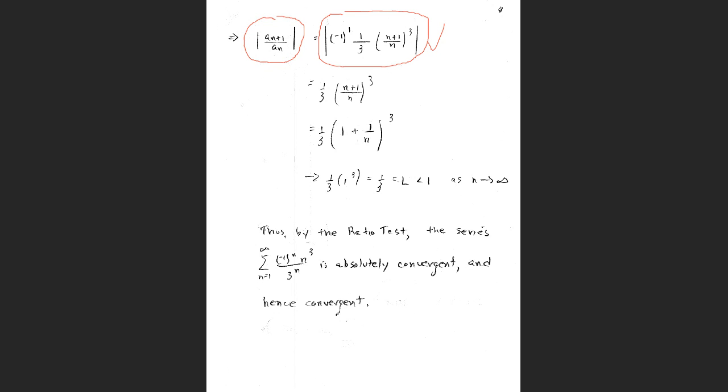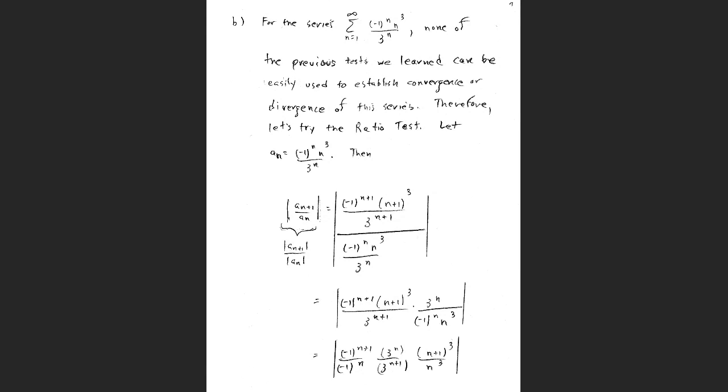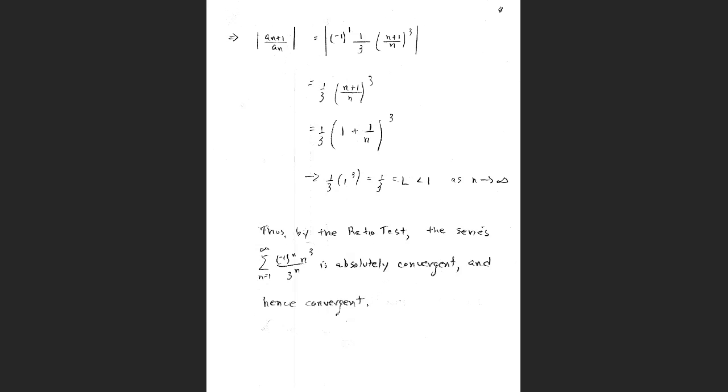Okay, so if I go back here, n plus 1 cubed over n cubed can be written as n plus 1 over n to the third power.